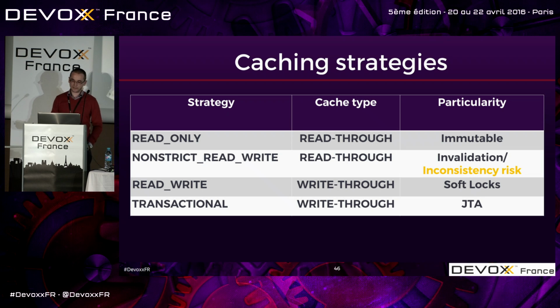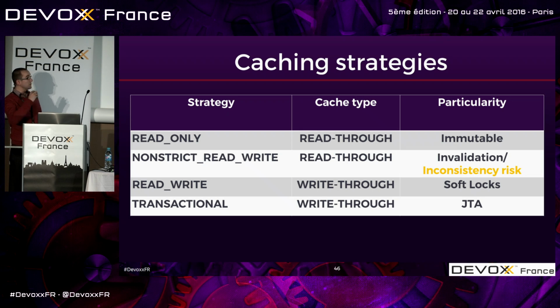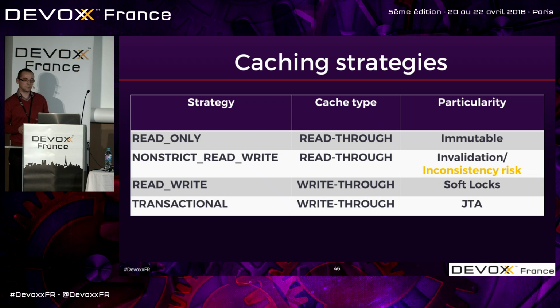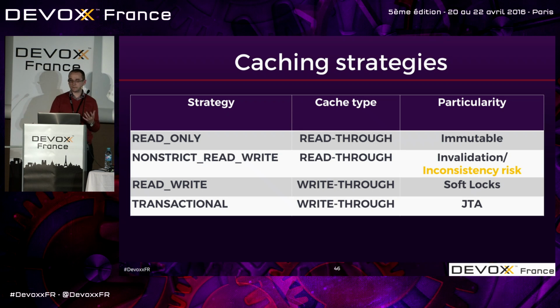I can say that it is a very good default cache concurrency strategy, because it gives you consistency. It tries to offer you almost the same consistency as the transactional cache concurrency strategy, but it doesn't use JTA, so you don't pay the penalty for using a global transaction, because it uses soft locks at the session factory level. If you're going to roll back, or when you're going to commit, it's going to work fine.